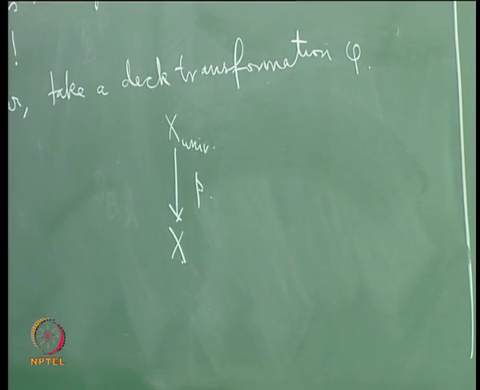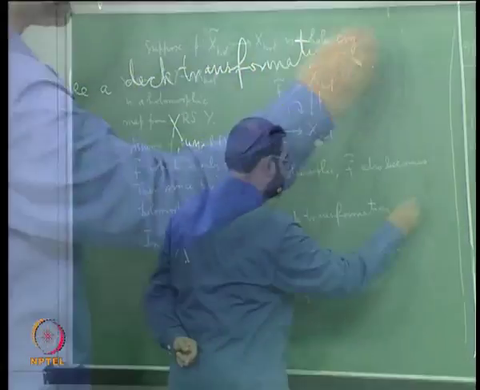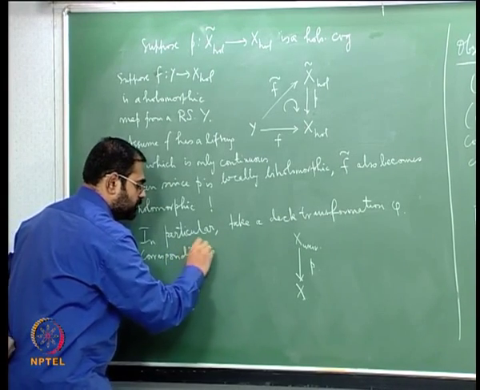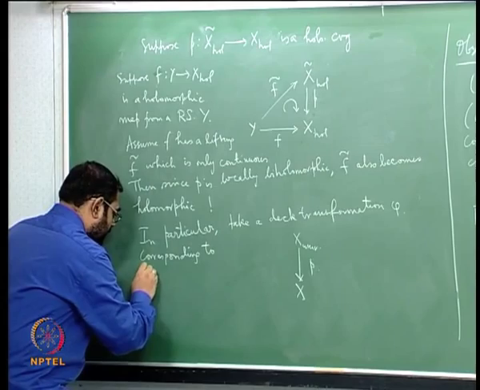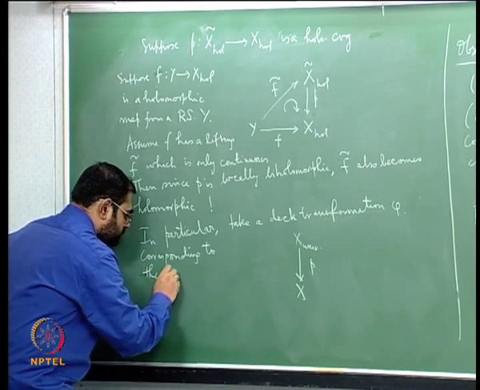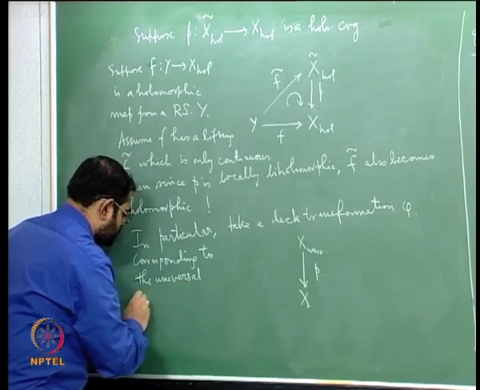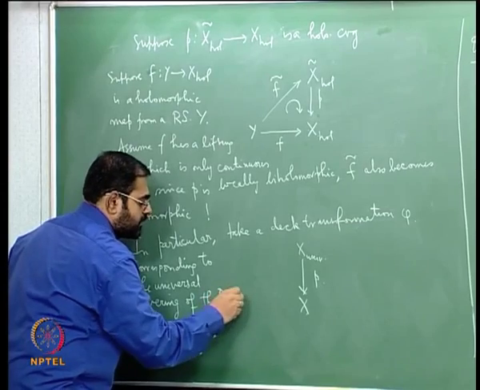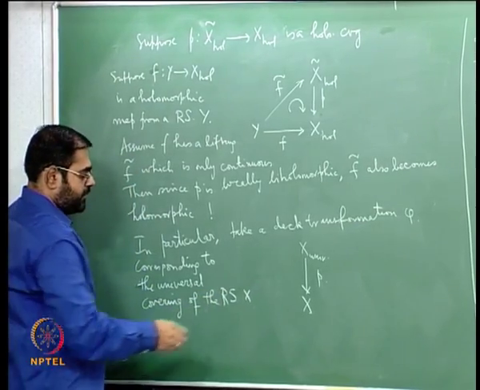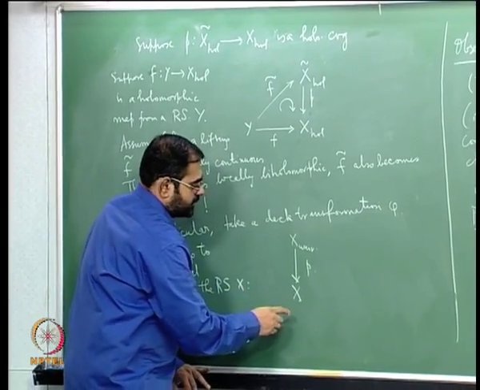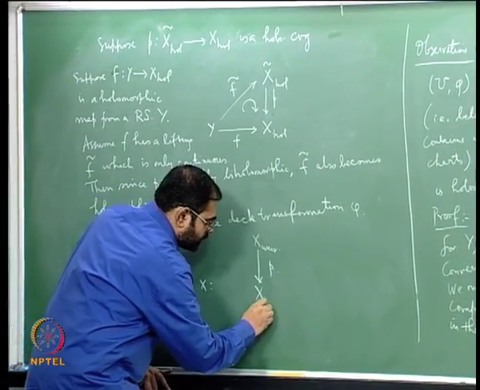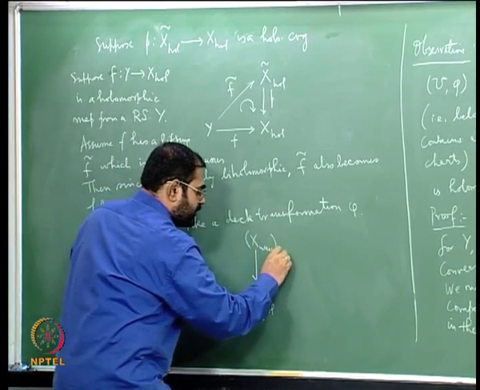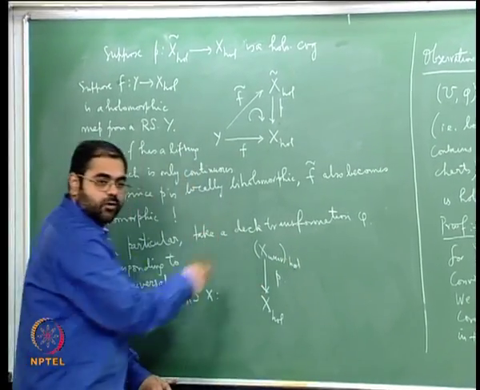Take a deck transformation phi corresponding to the universal covering of the Riemann surface X. X is a Riemann surface, and X univ, the universal cover, also gets a unique Riemann surface structure, so that this becomes a holomorphic covering.